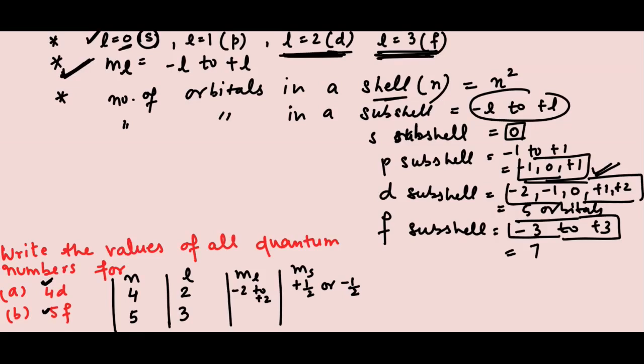Now again, for the value of ml, you come to the second point, where I have clearly mentioned that you get the ml value from minus L to plus L. So minus L to plus L means minus 3 to plus 3. And for the spin quantum number, again I will write plus half or minus half.